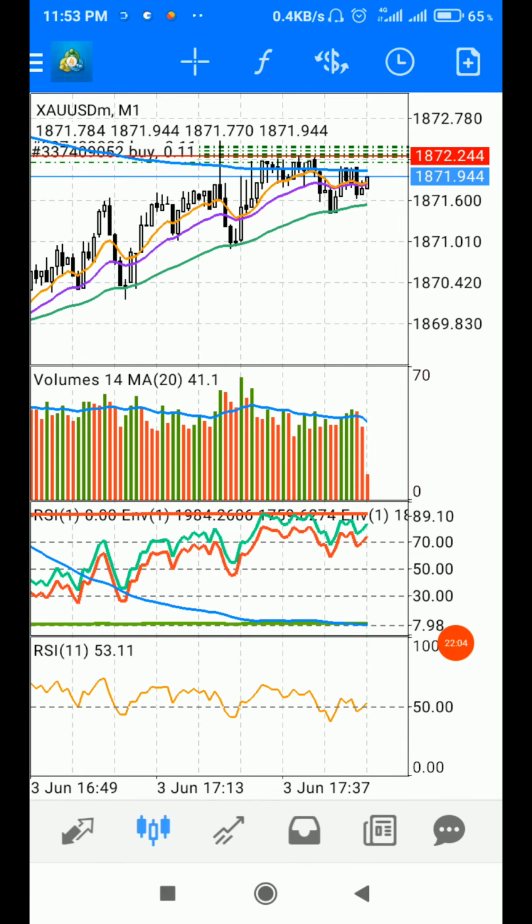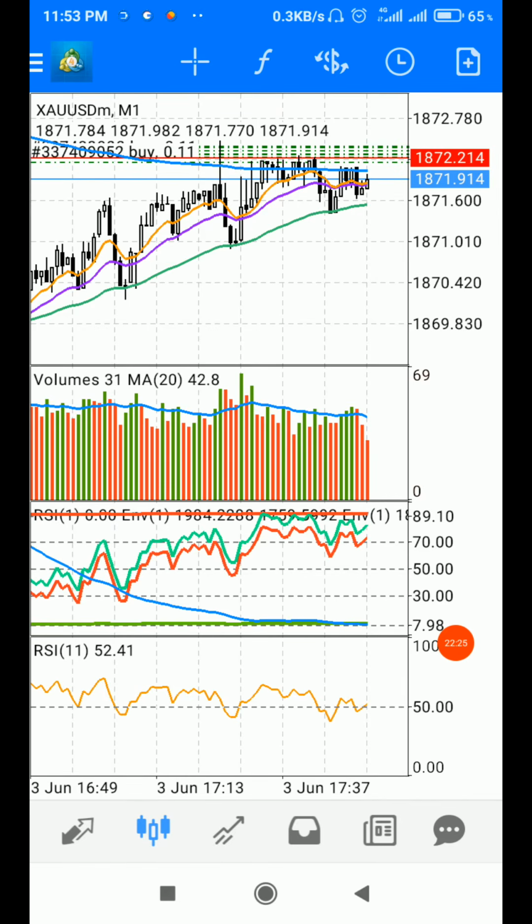Taking this RSI indicator will help you a lot to decide where the price should go now and when to exit, or if an upcoming trend is going to change its direction, then the RSI will show you the divergence.